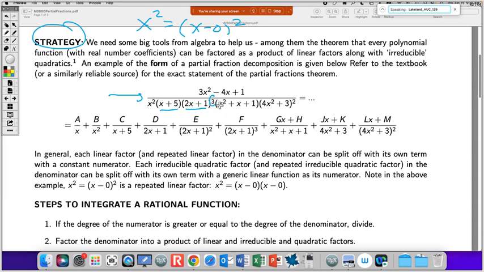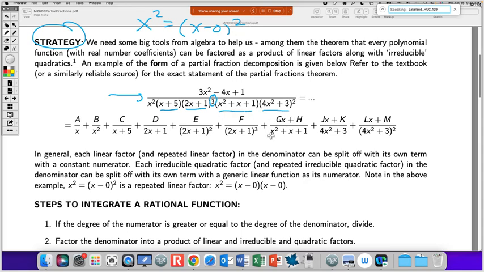This is called a repeated linear factor because you have 2x plus 1 times 2x plus 1 times 2x plus 1. So when you hear the word repeated linear factor, it means you've got a linear factor to a power. The x squared is considered a repeated linear factor. It's x minus 0 quantity squared. Okay?